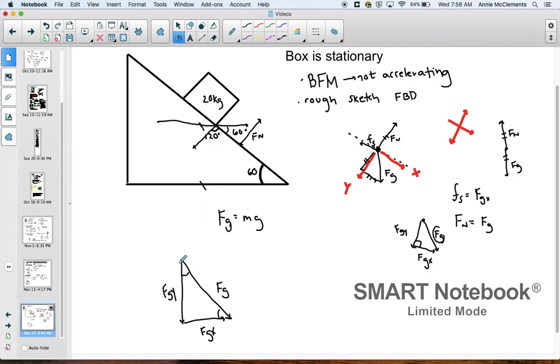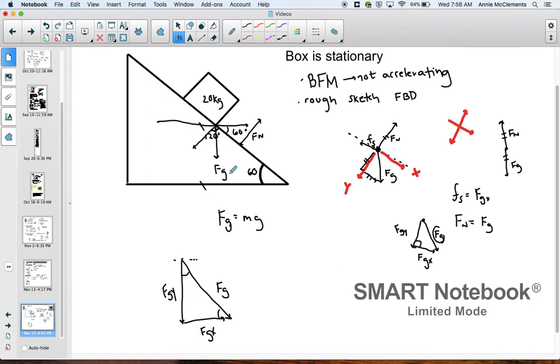So if we go back to our picture here, Fg is straight down from the box. This is Fg, and it actually forms a triangle here with this 60 degrees, which is really interesting. So you can actually apply the shape of this triangle here.